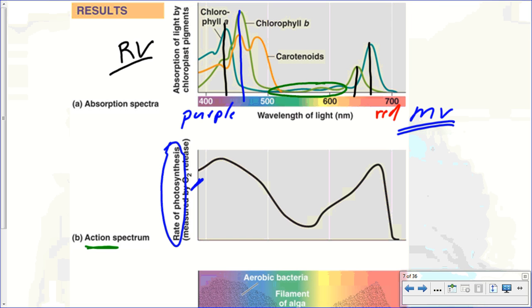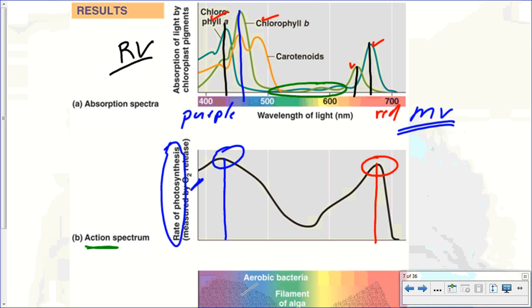So what this is showing is that if you shine the blue light on the plant, you get a high rate of photosynthesis. If you shine the red light on the plant, you get a high rate of photosynthesis. Which pigments correspond to the wavelengths of light that are absorbed in the blue and the purple? Well, that's going to be the chlorophyll pigments, where we see the high absorption in the blue, and, well, the chlorophyll pigments again, where we see the high absorption in the red wavelength.